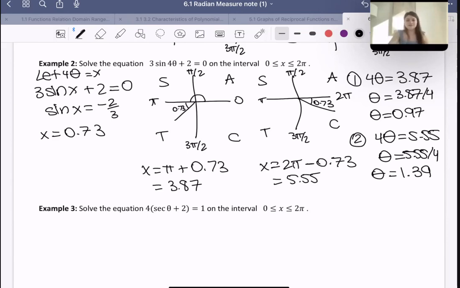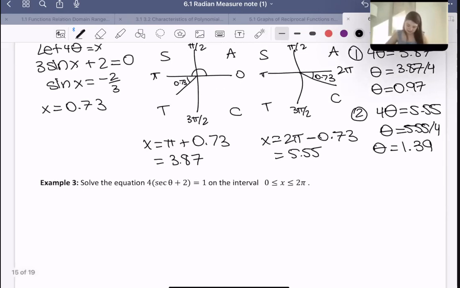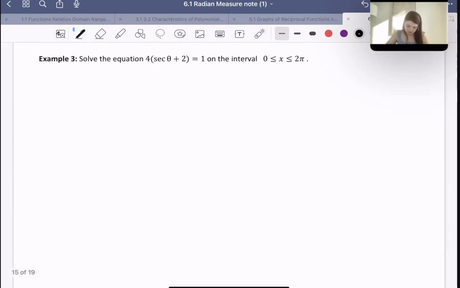Awesome. Okay, and let's move on to example 3. Example 3 says, solve this equation. 4 secant theta plus 2 is equal to 1 on the interval from 0 to 2 pi. Okay, so let's start by isolating secant theta.